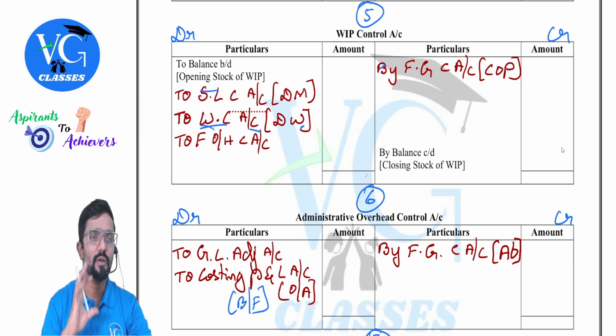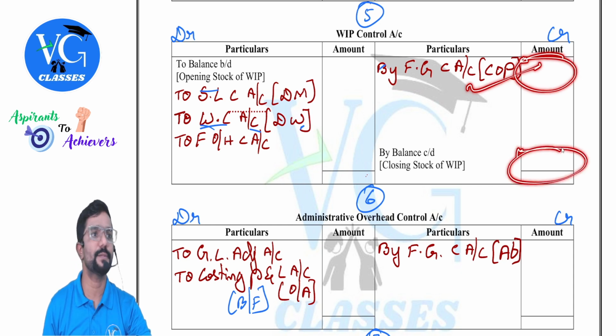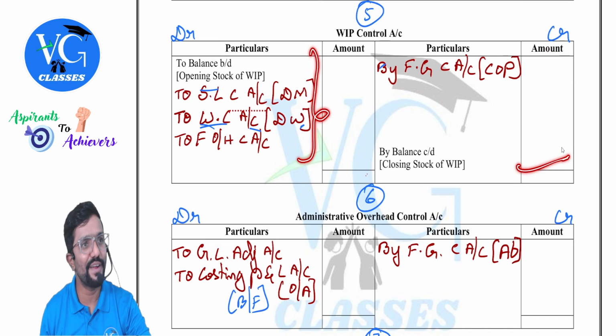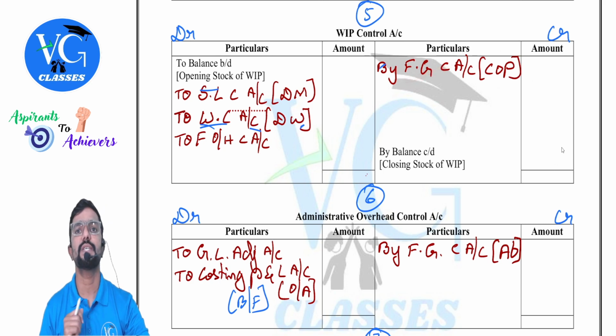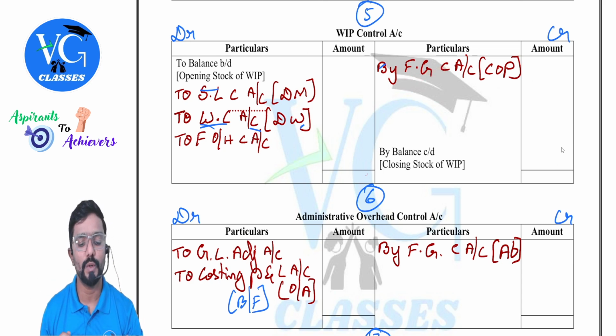And sir, in this account, which will be the balancing figure? Normally, this would be the balancing figure, guys. If by chance they have given this in the question, then this might be a balancing figure. Clear? So once I take all this, deduct this, what do you get? Cost of production. Transfer it to which account? Finished goods control account.